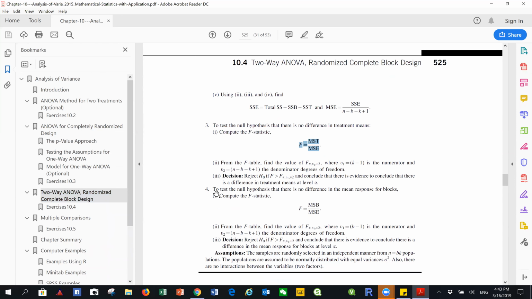And to test the null hypothesis that there is no difference in mean response for blocks, you use MSB over MSE. So one test is whether there is a difference among different treatments, and the other is whether there is any difference among the blocks.